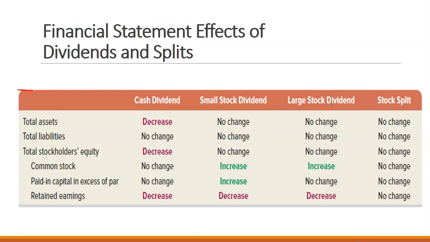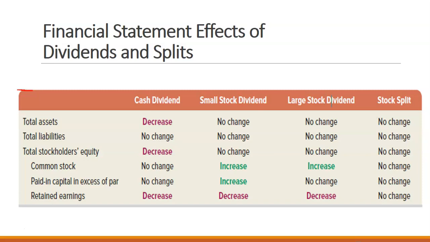When we look at the financial statement effects of dividends and splits, for a cash dividend, we decrease total assets because there is a payment out in cash. We decrease retained earnings, which decreases our total stockholders' equity.